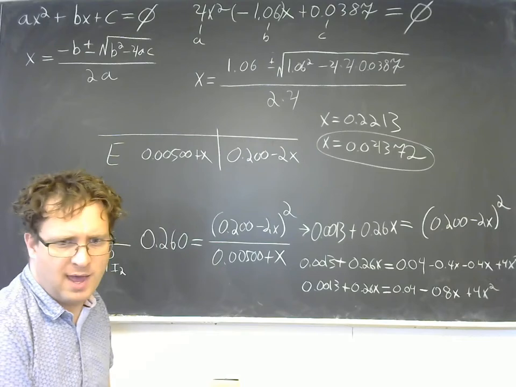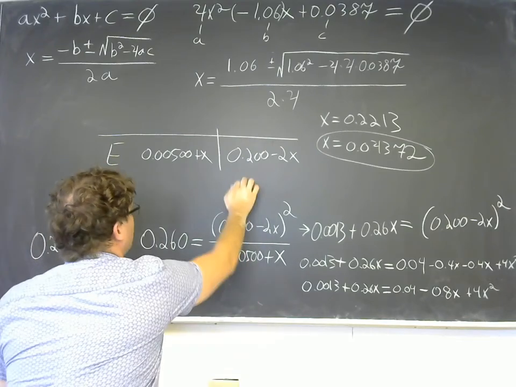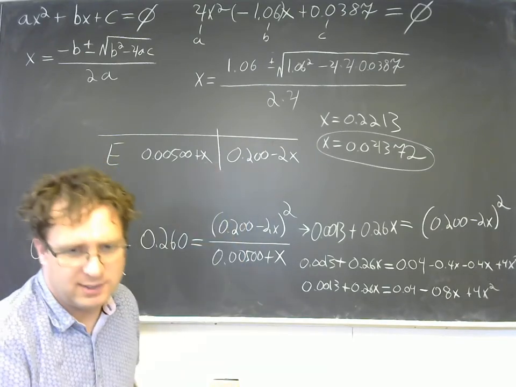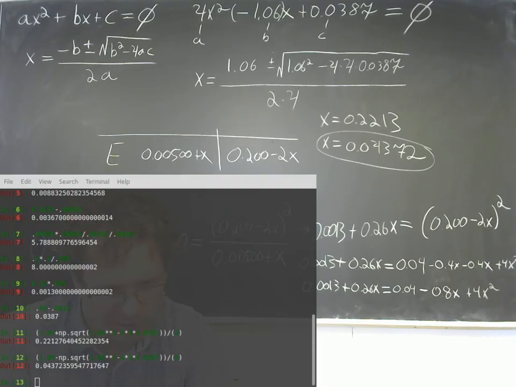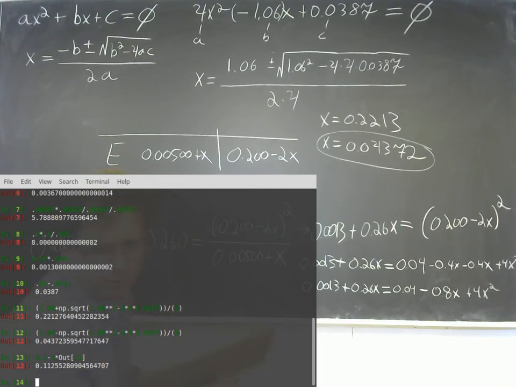So our equilibrium concentration of iodine atoms would be 0.2 minus 2 times that. So we'll say 0.2 minus 2 times, and I'll just reference that solution. It's going to be 0.11255. Sorry, that's a pressure in atmospheres.